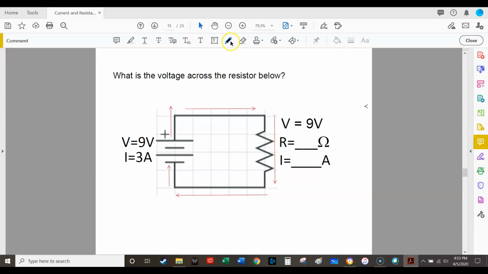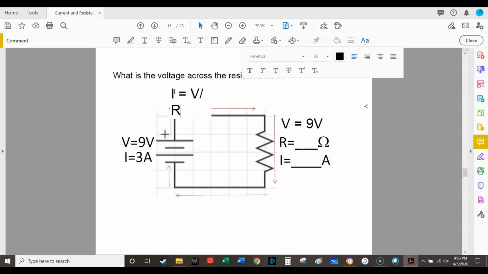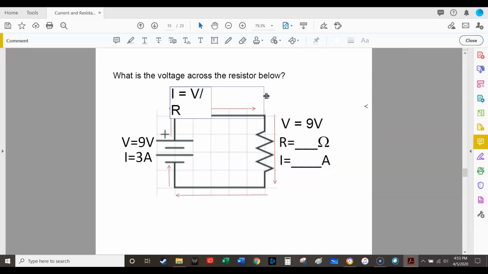Now we learned earlier that current, I could just use the text box tool, that current is equal to voltage divided by resistance. This is Ohm's law. Okay.